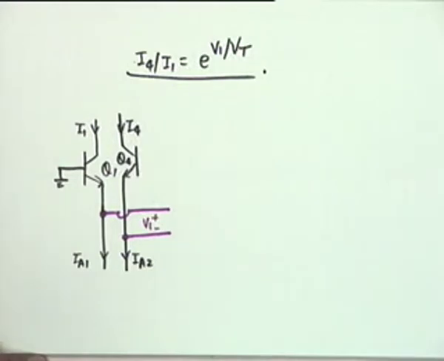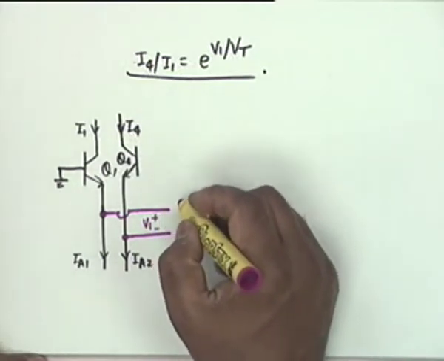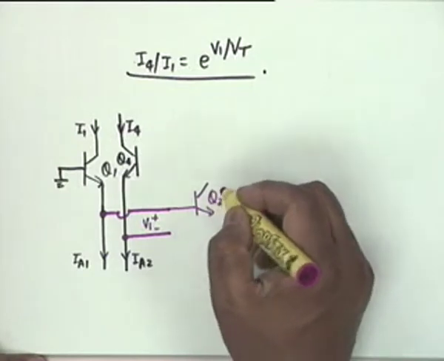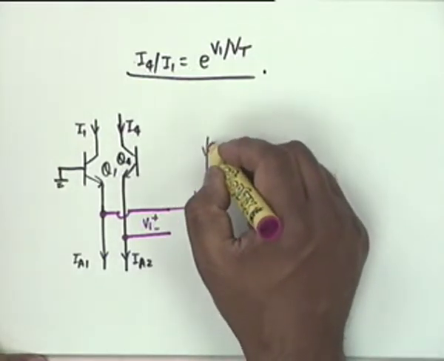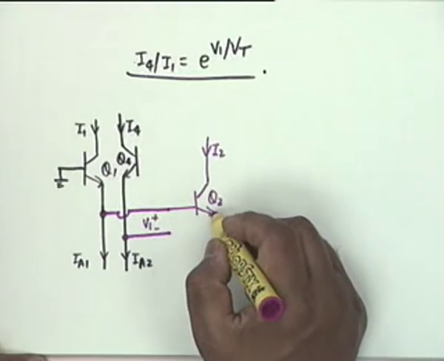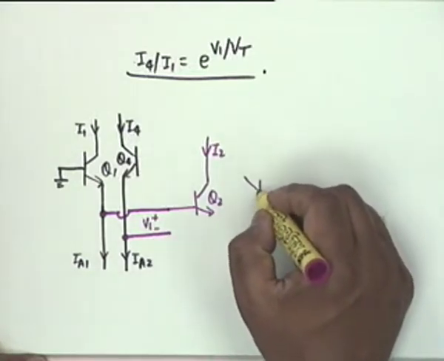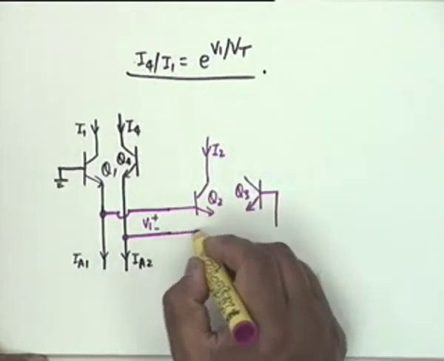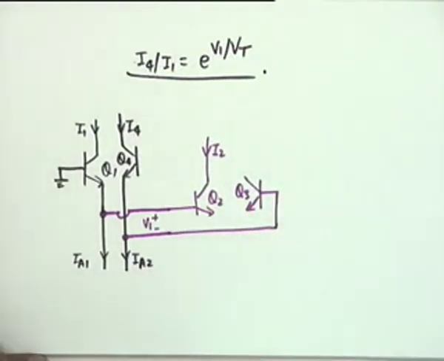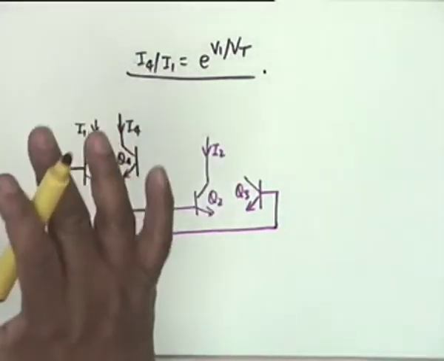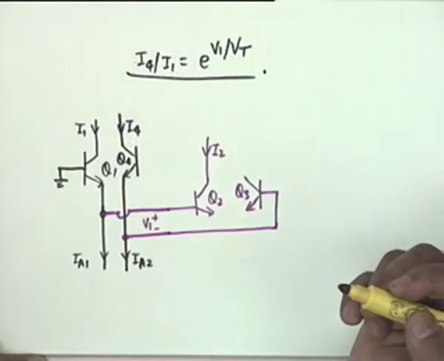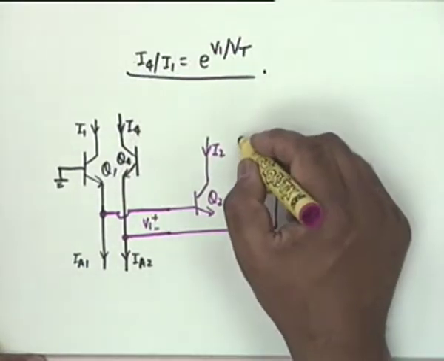This is the identification of V1, the voltage between the two emitters, and we apply this difference to the two transistors connected in a differential pair, Q2 and Q3. All right. I am just redrawing the same circuit, but to emphasize the point where V1 is created and how it is applied to another differential pair.